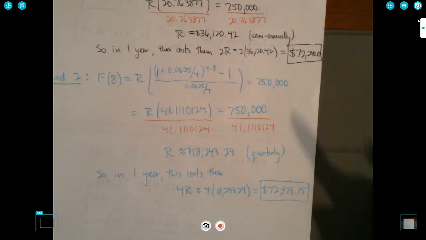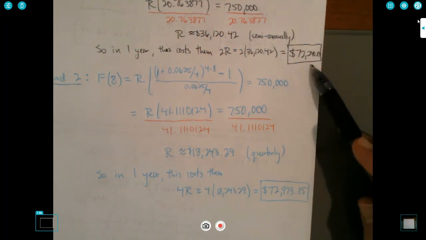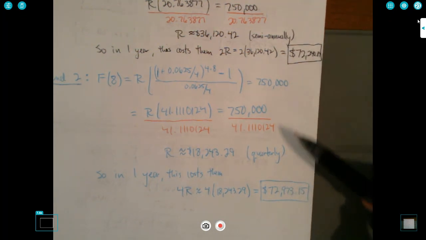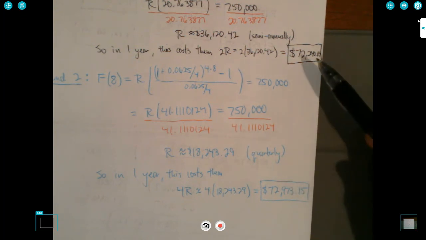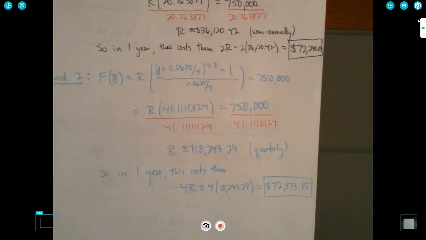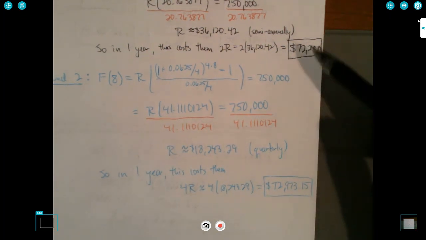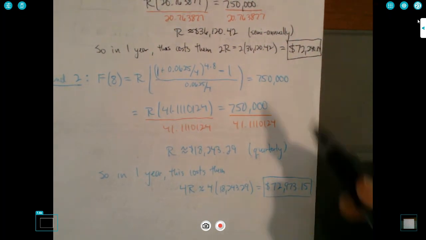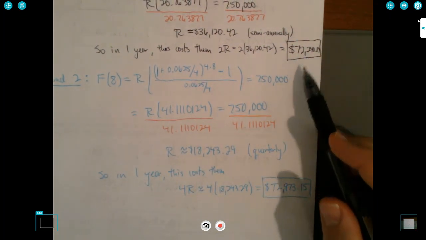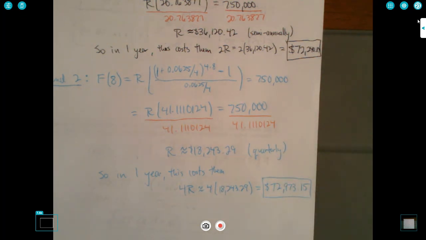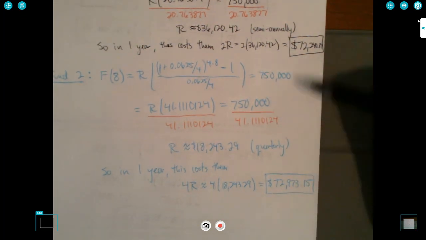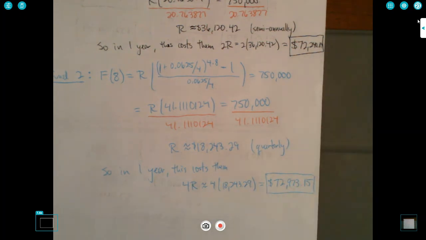Not by much though. I guess it saves them about $600, $650, something like that. So it doesn't save them very much. When you're talking about $70,000 already, an extra $600 is kind of chump change at that point, right? But still, it's helpful to go with the cheaper option.